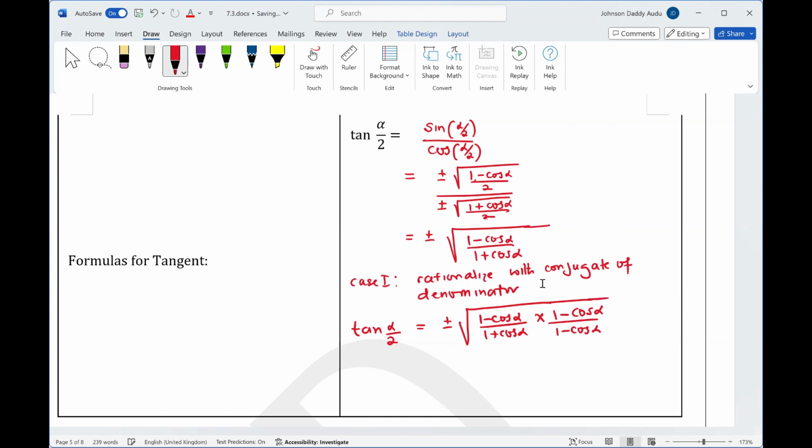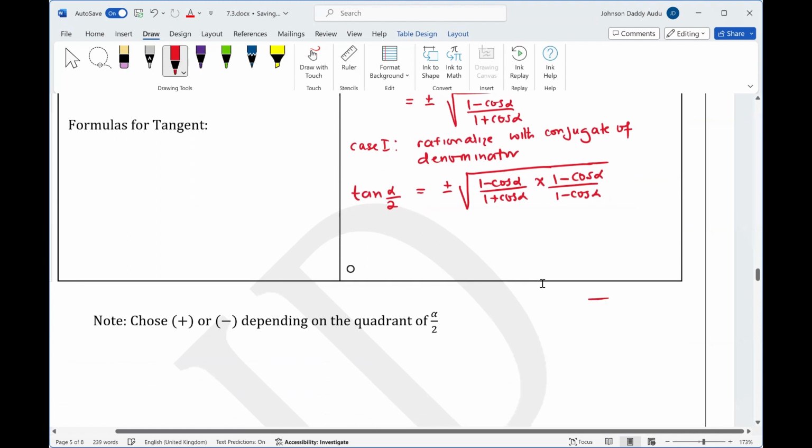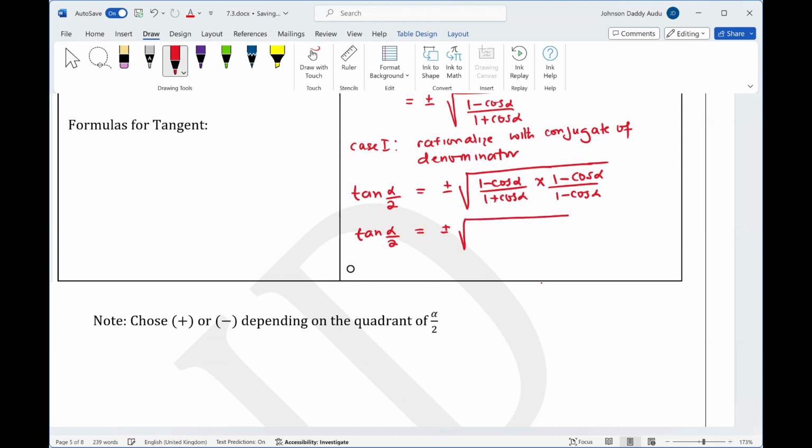All right, so now we will have tan alpha over 2 equals plus or minus. If you look at the top, you will just have 1 minus cosine alpha all squared over what? You have 1 squared minus cosine squared alpha.